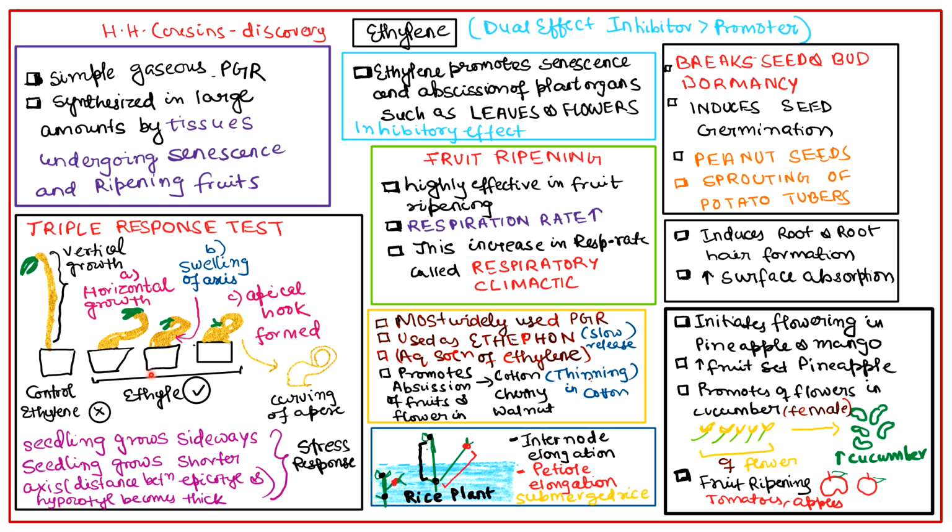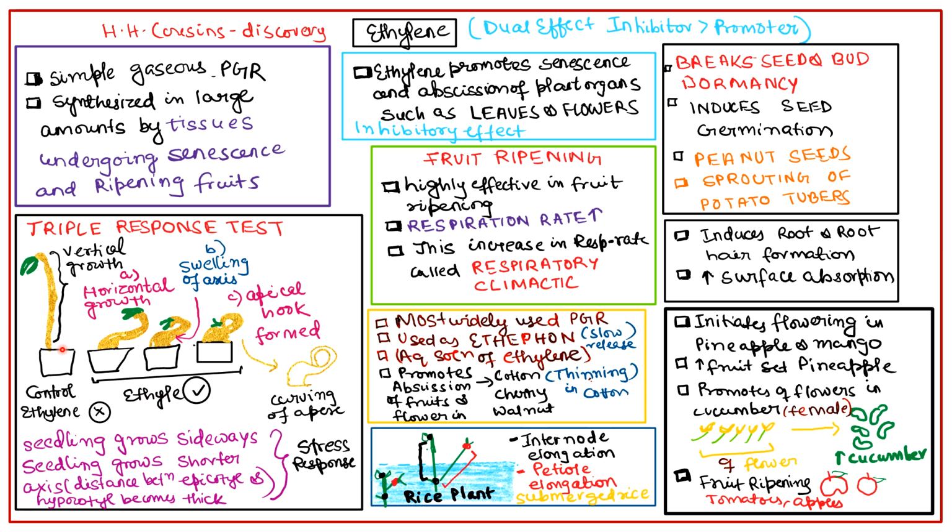So these tests were all done in Arabidopsis thaliana, and this is called the triple response test, which is widely used for bioassay of ethylene. Now, typically these three responses are responses to stress.